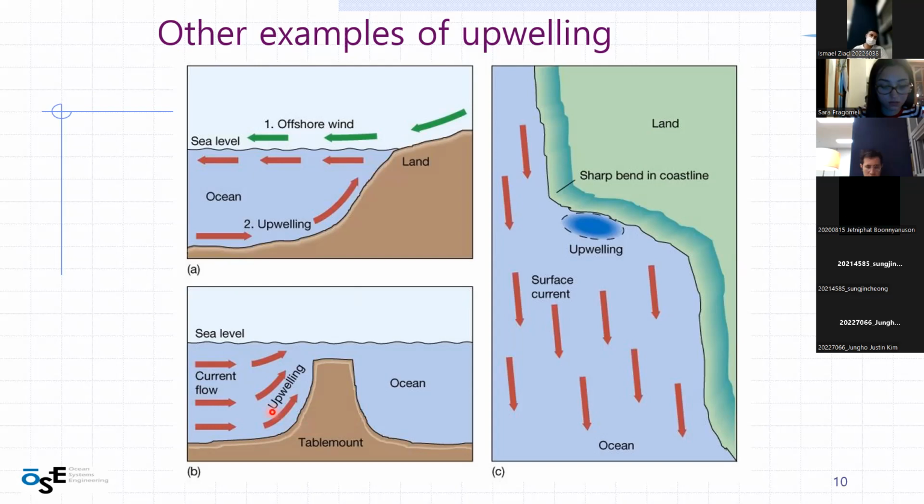In the second example, the table mount blocks a portion of the current flow and makes upwelling. In the last example, the sharp bend in the coastline makes a low pressure region at the surface, so upwelling occurs in this region.